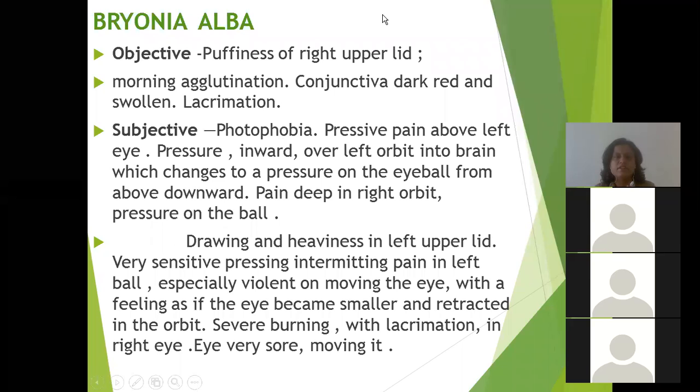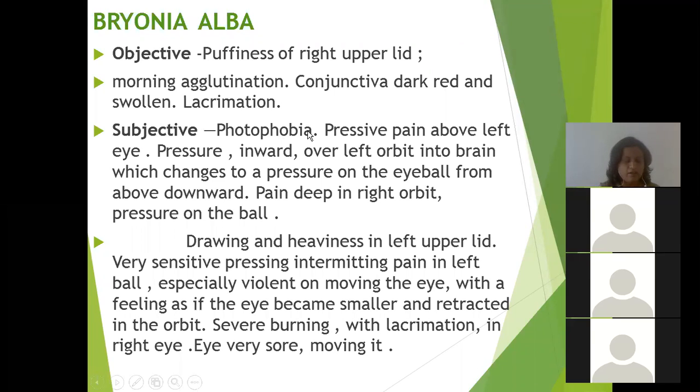So subjectively, when we see Bryonia, there is photophobia and pressure pain above the left eye, pressure inward over the left orbit into the brain, which changes to a pressure on the eyeball from above downward.